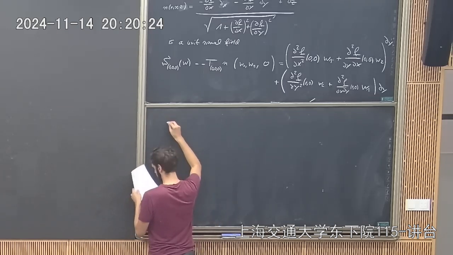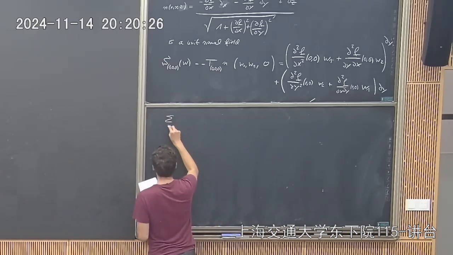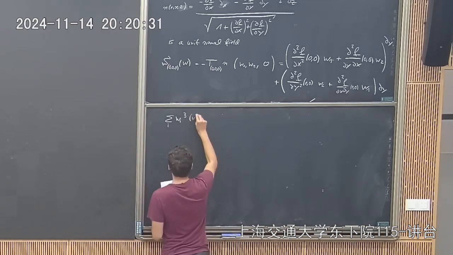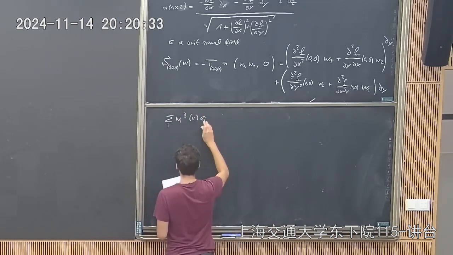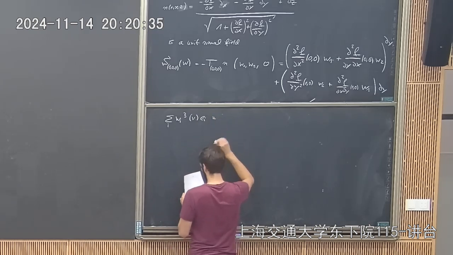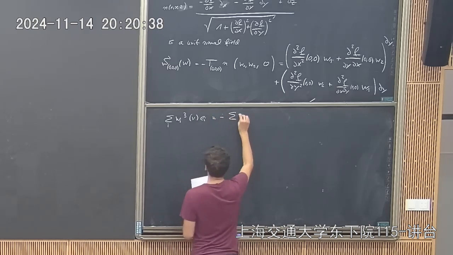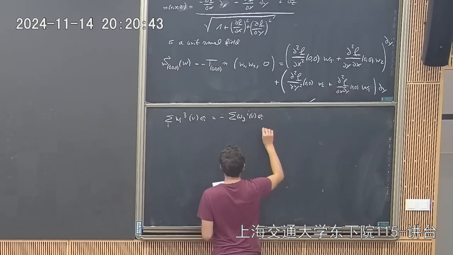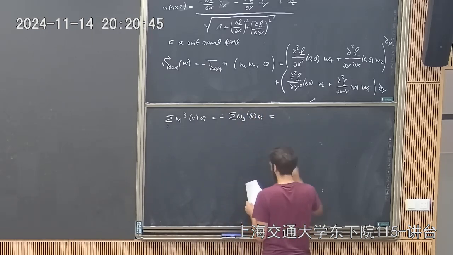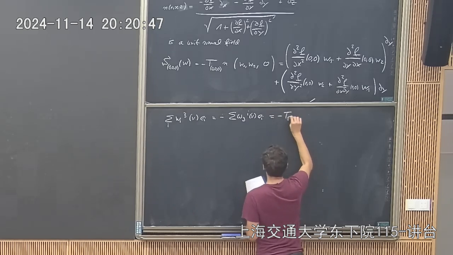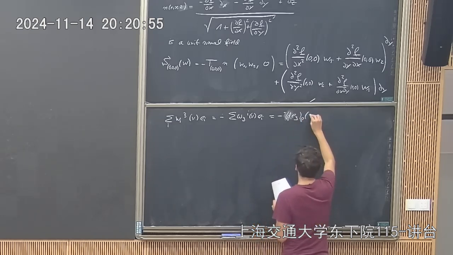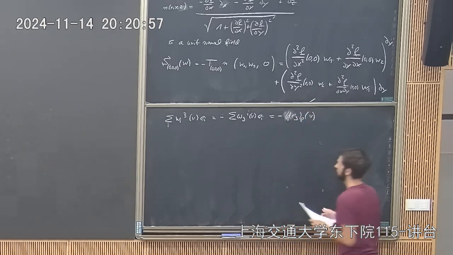So the proof is that we start with that omega i3 here at p. By the symmetry, this is the same thing as minus omega 3i at p, which was the same thing as minus the tangent of E3 at p in this direction.